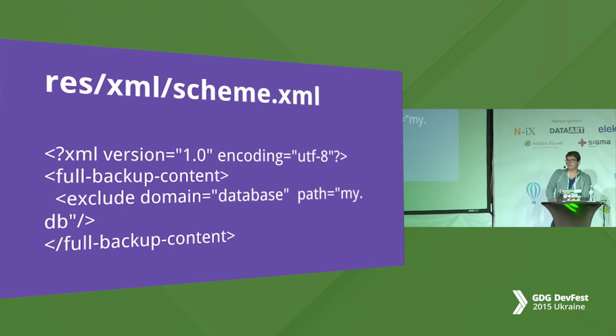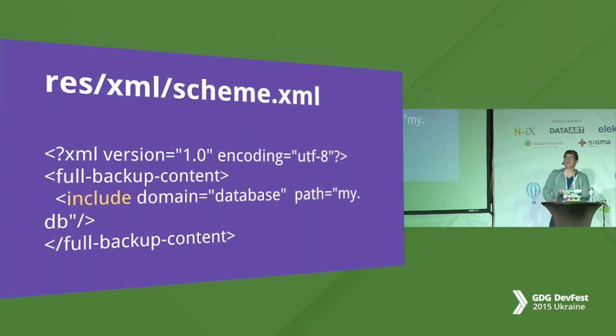Instead of excluding, you can also include, and then the auto backup, which is parsing your XML configuration, will just change the mode from the exclusion to the inclusion. So in case our settings file looks like this, no files except for the database will be backed up.